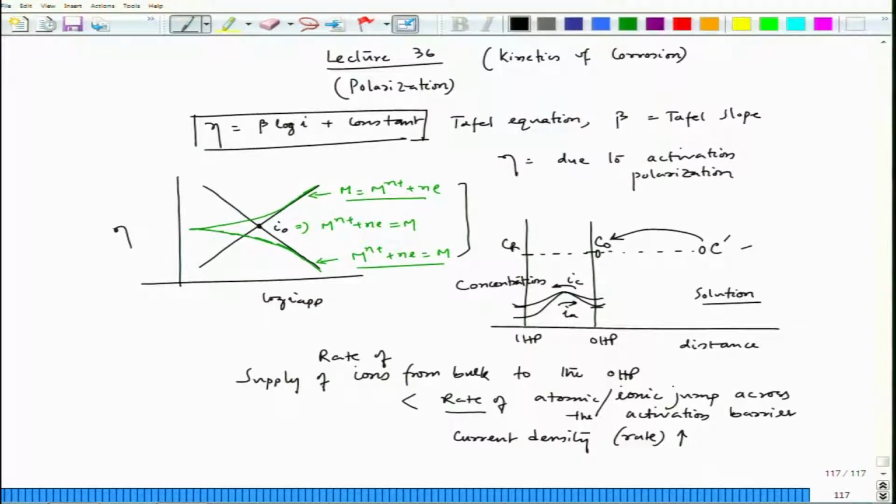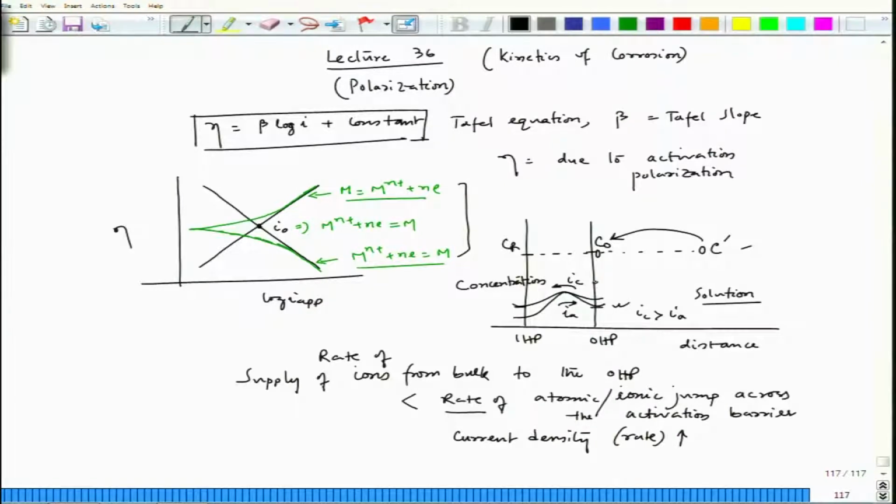At a very high current density, there could be a situation where there is a lag of ion supply to the interface OHP for the ionic jump from OHP to the IHP, because when we have this kind of modification in the energy distribution, then we have more of IC. In this case, IC is greater than IA. So, there would be a lag. So, now there could be a concentration profile with decreasing concentration as we come from the bulk concentration to the interface.